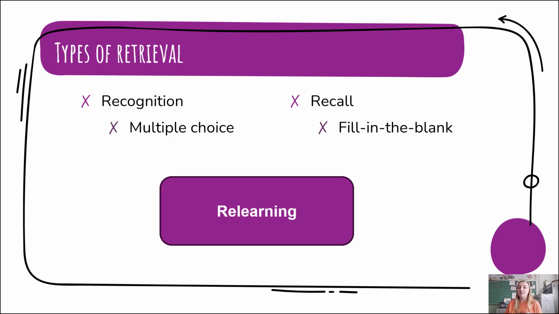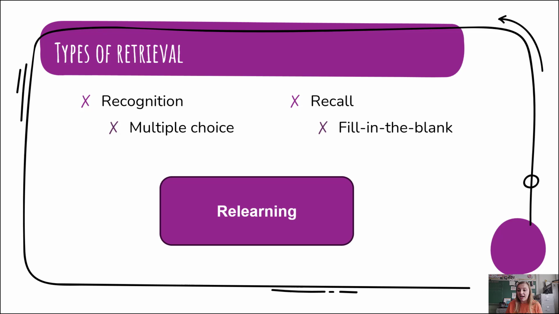Relearning is a concept in psychology that refers to the process of learning information again after it's been forgotten. Research by Ebbinghaus showed that relearning is often faster than the initial learning, highlighting that some memory traces remain even when we can't recall the information.